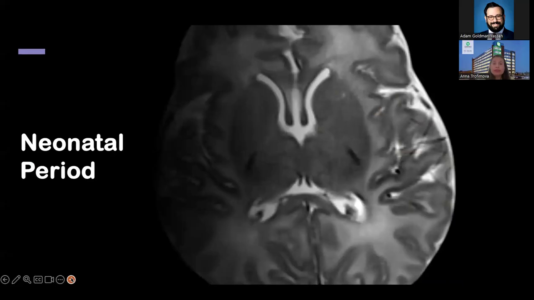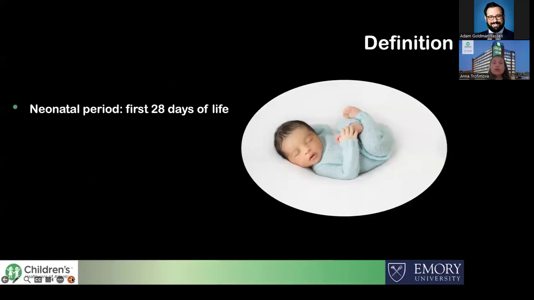But first, before we start, let's discuss the definition of the neonatal period and some other clinical aspects that may be pertinent to the imaging diagnosis of the pathology during this period. So first of all, the definition of the neonatal period is the first 28 days of life.